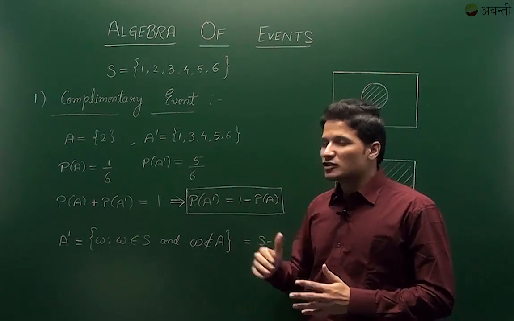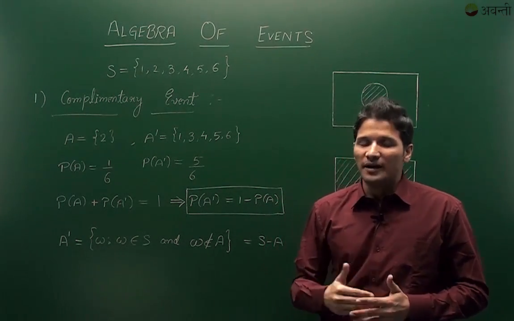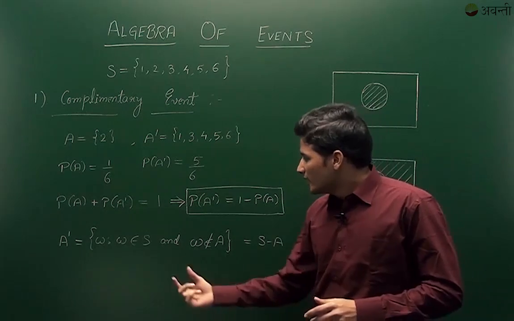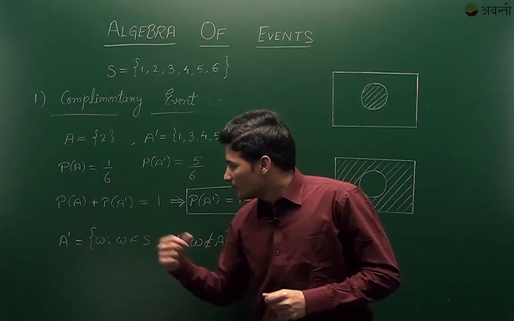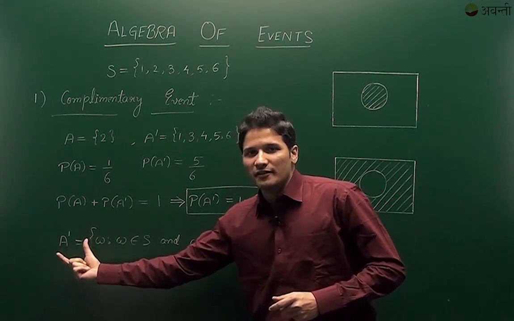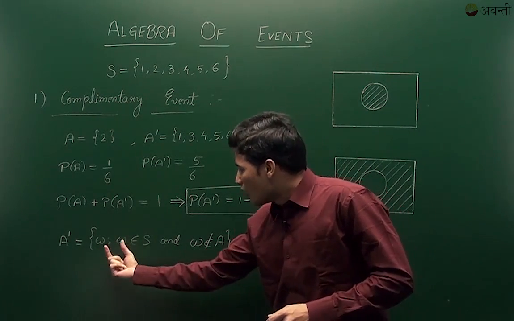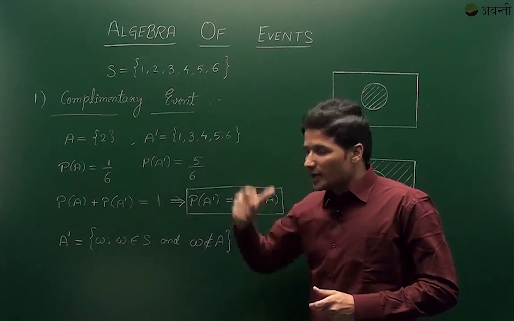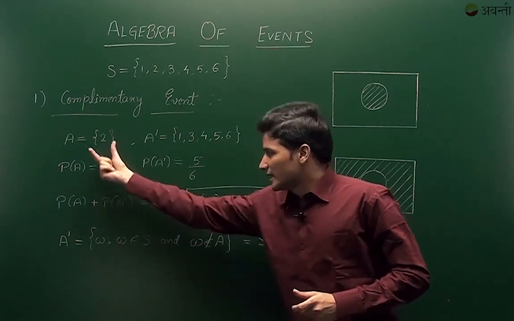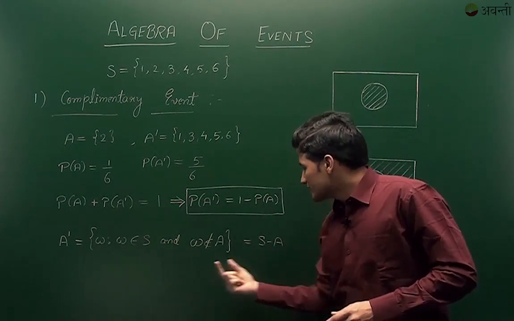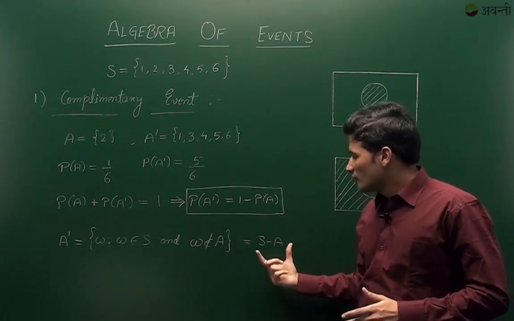And if we have to denote this complementary event in set builder form, then we can write it as: complementary event A prime contains an outcome omega, such that this outcome omega belongs to set S and it does not belong to set A. It can also be written as S minus A in the form of sets.